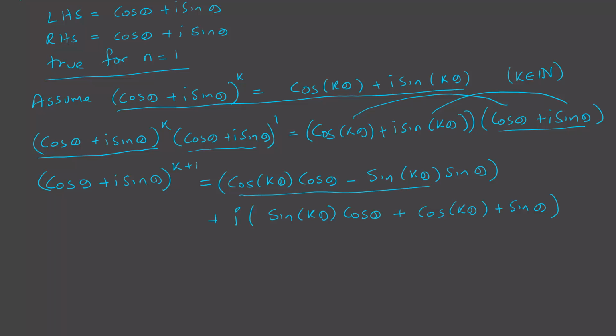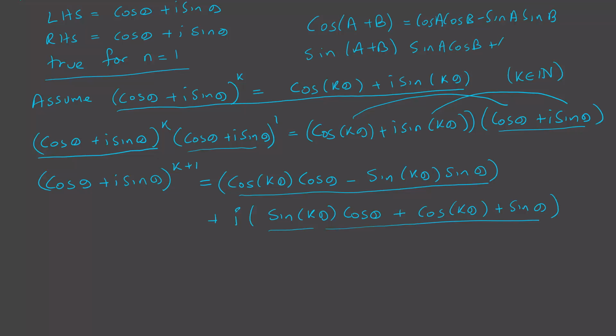Now, this you should recognize as being an expansion of cos(A + B), and that is cos A cos B minus sin A sin B. And this one here is an expansion of sin(A + B), which is sin A cos B + cos A sin B. And so the top one is going to be cos of (k theta + theta), which we could write as (k + 1) theta.